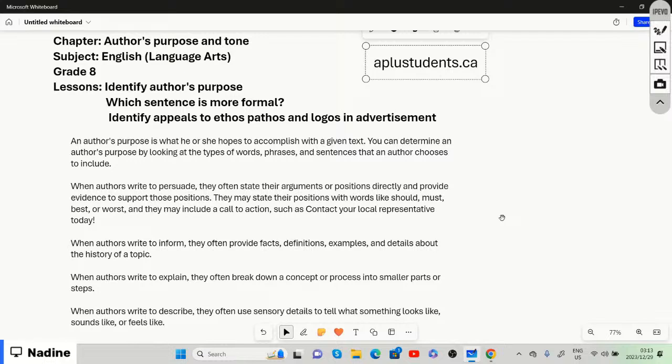When an author writes to persuade, they often state their arguments or positions directly, and they provide evidence to support these positions. They may even state their position with words like should, must, best, or worst. And they may include a call to action.